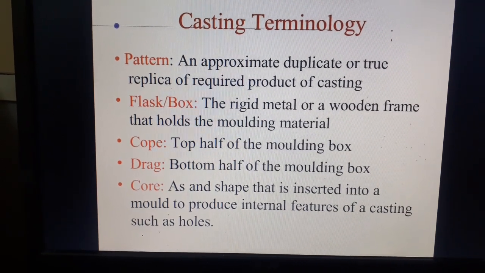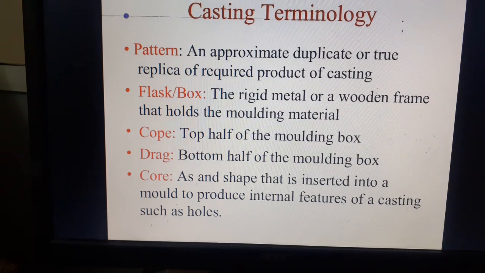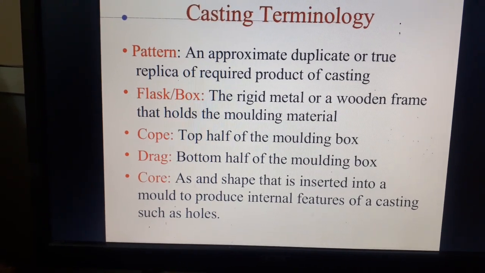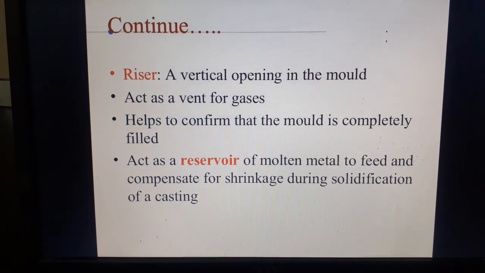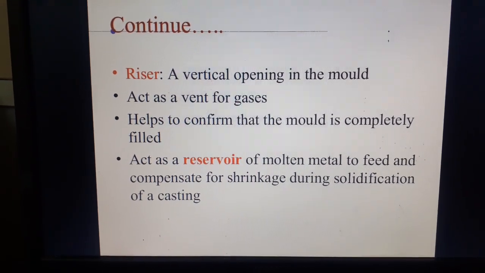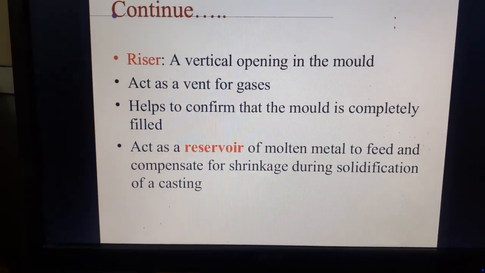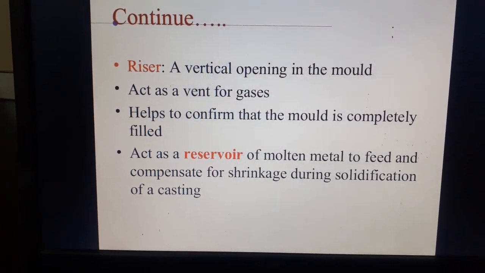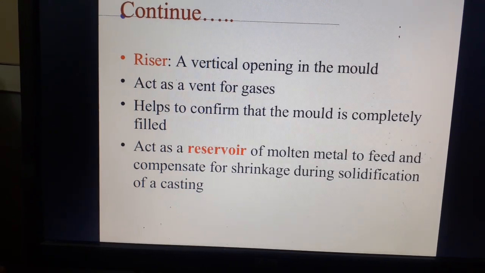Next is core. To make the internal features of casting such as holes, we will use core. Next is riser. What is riser? A vertical opening in the mold. It acts as a vent for gases. It also helps to confirm whether the mold is completely filled or not.